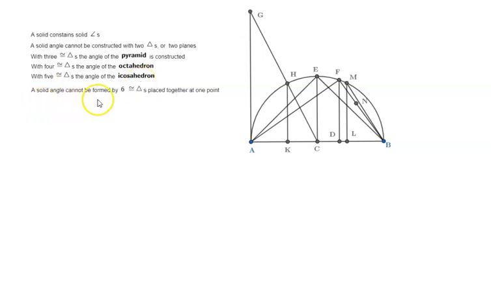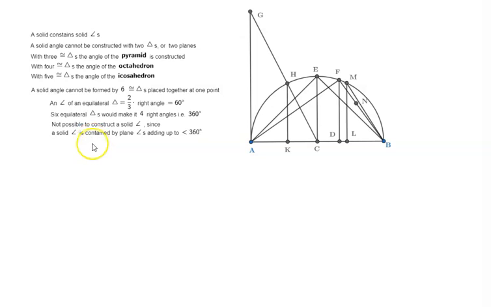Now, a solid angle cannot be formed by 6 equilateral and equiangular triangles placed together at one point. Why? Because we know an angle of an equilateral triangle is 2/3 of a right angle, which is 60 degrees. 6 equilateral triangles would make it 4 right angles, that is 360 degrees.